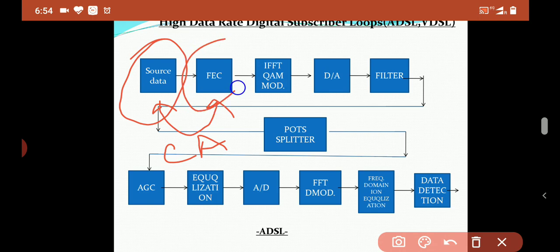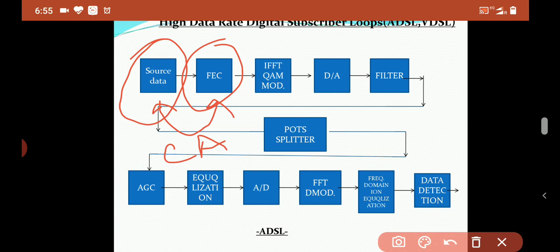Then there is the FEC. FEC is a combination of Reed-Solomon code or convolution code, meaning the coding scheme is possible using this FEC.